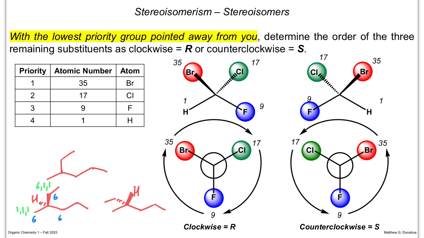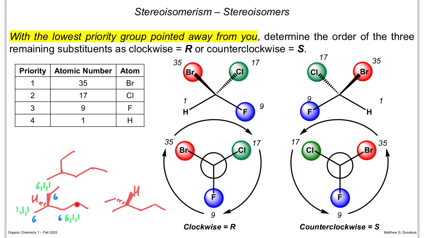So for this one, that would be 6, 1, and 1. Of those 3 that were the same originally, you've relegated that to a lower priority, but now you still have this, which is the same.